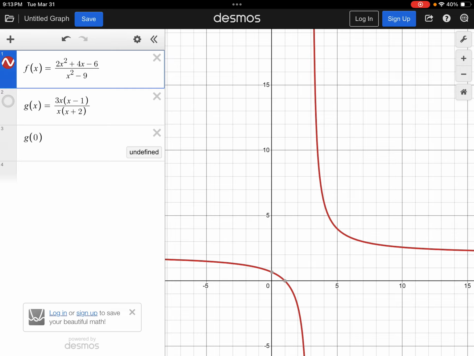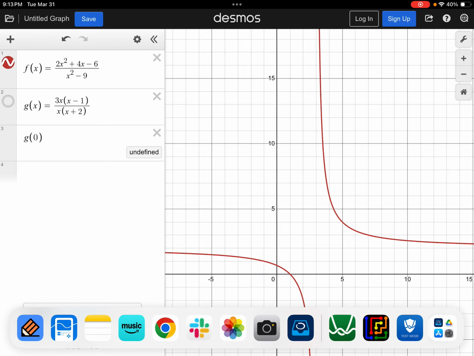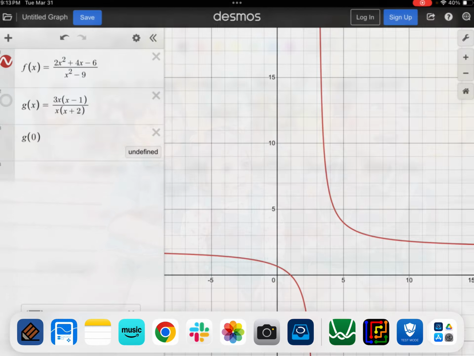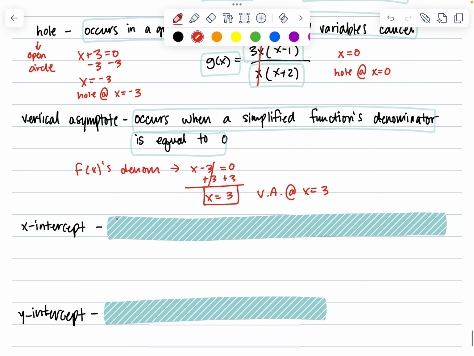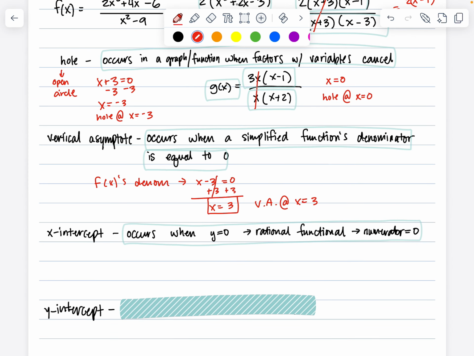Horizontal asymptote we'll cover in a quick second, but let's talk about the x and y-intercept. The x-intercept occurs when the y value is equal to 0. And in a rational function, that could only occur if the numerator is equal to 0.